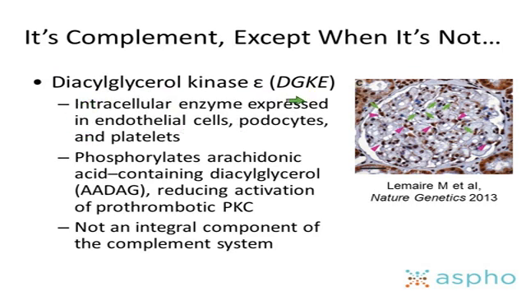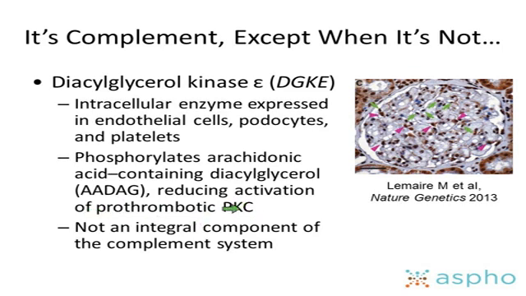This protein is an intracellular enzyme that regulates protein kinase C. When this enzyme is defective, protein kinase C is uninhibited in its activity, and this creates a prothrombotic environment at the cell surface.